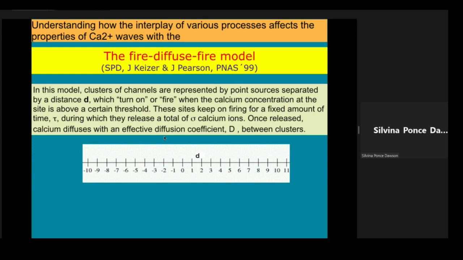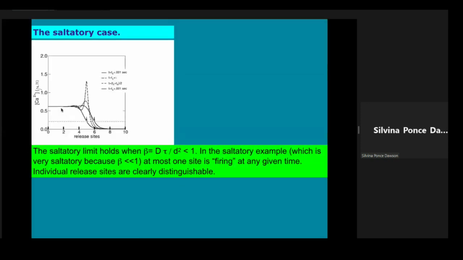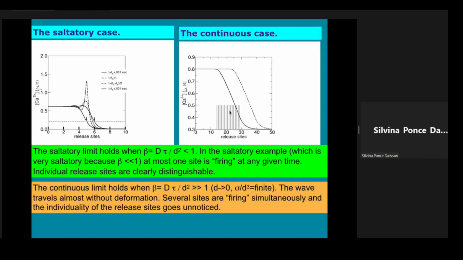Depending on how this distance compared with the diffusion coefficient and the time that the channels remain open, we could have two types of propagation: what we call saltatory, shown as snapshots of the wave at various times, or continuous. Here are two snapshots, and you see that the wave propagates almost without deformation. That depends on whether the sites of release are distinguishable or not, basically.